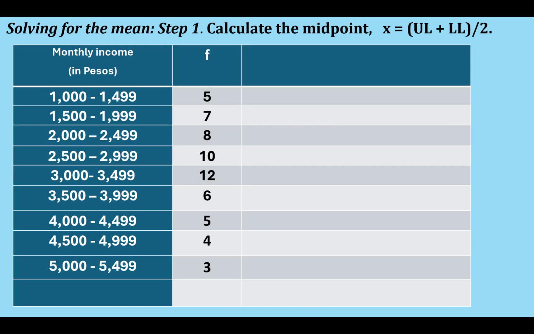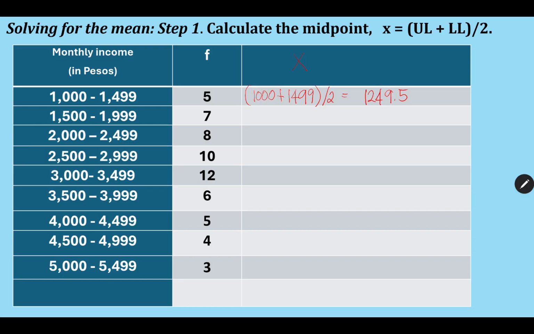Okay, so for the first one, this will be our midpoint x. The midpoint would be equal to, I'm going to write that here for the first few lines, 1000 plus 1499, and then divided by 2, which gives us 1249.5.